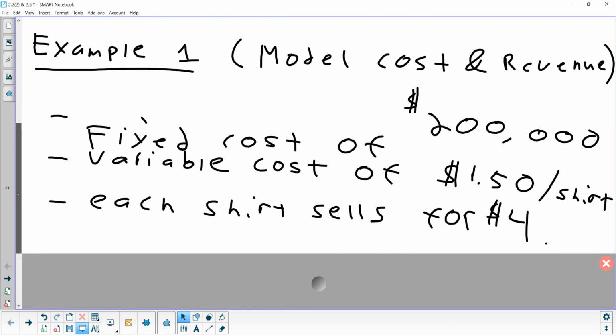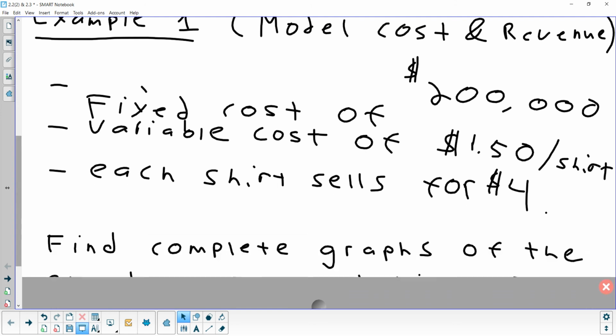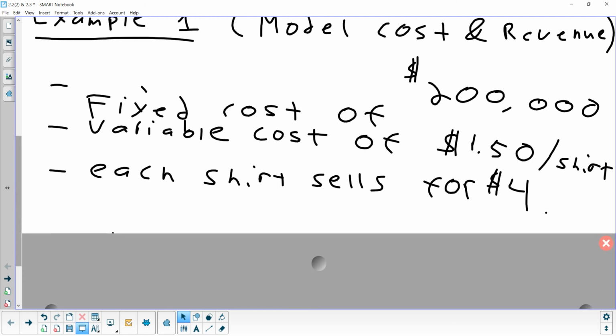So let's see if we can write an equation for our cost and our revenue. Cost is money that the company spends. Revenue is the money that the company takes in.